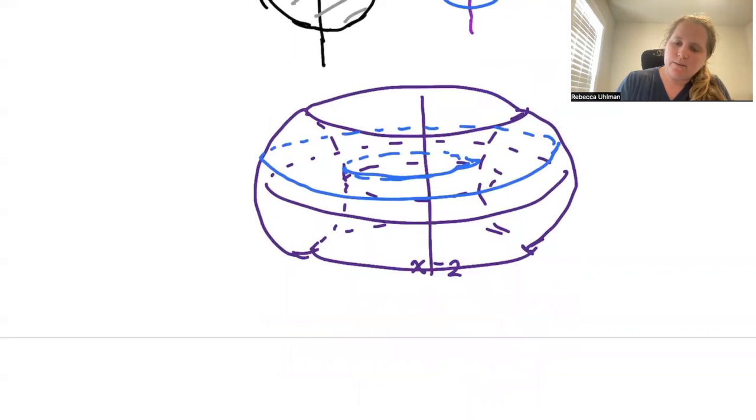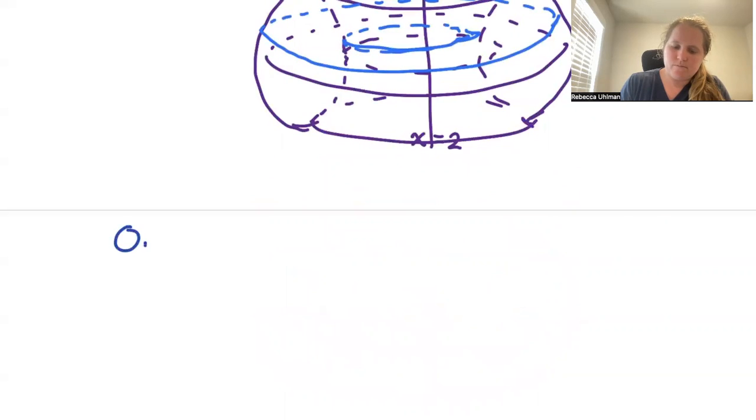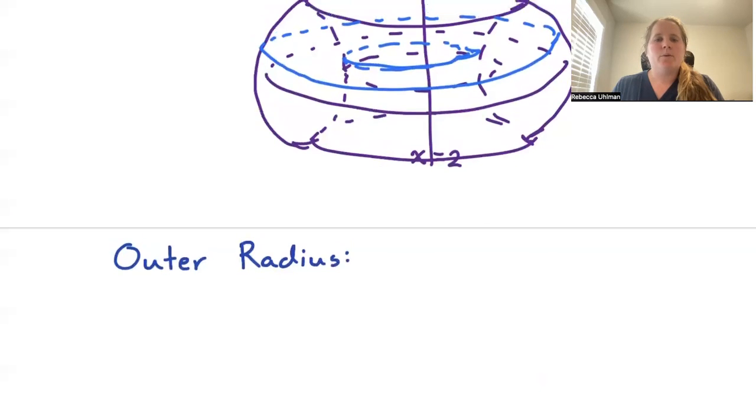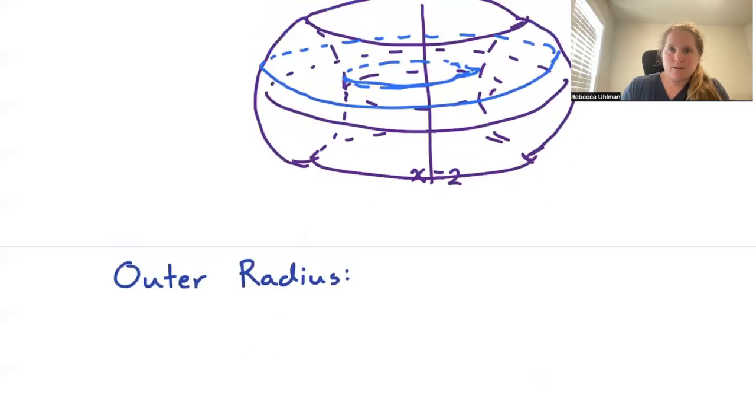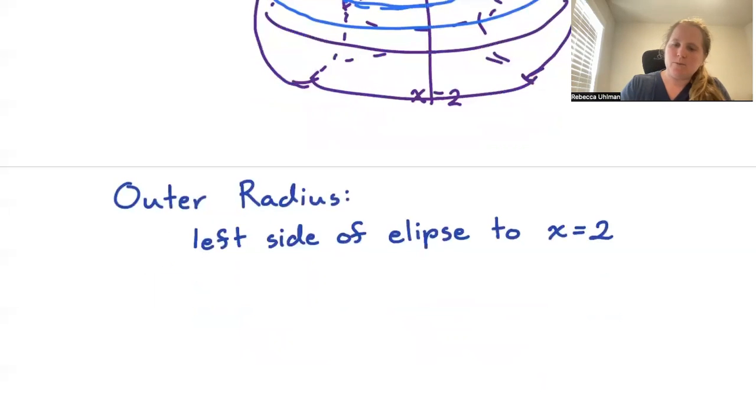So our outer radius, we are going from essentially the left side of the ellipse to x equals 2. So the left side of the ellipse we'll need to find.